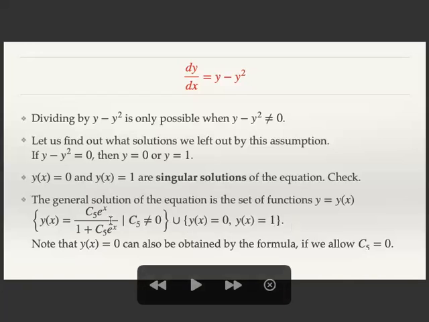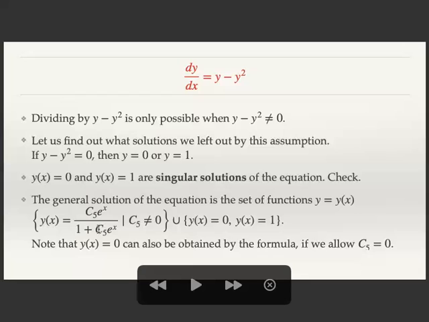And you can note here that actually the solution y of x is equal to 0 is a little bit less special than the other one because it can be obtained from the general formula if we allowed C5 to be 0. So if we plug in C5 equals 0 in this formula, then we get 0 e to the x divided by 1 plus 0, which is 0.